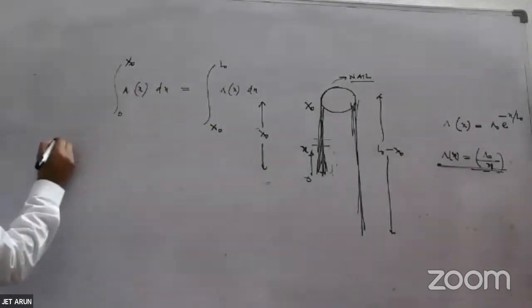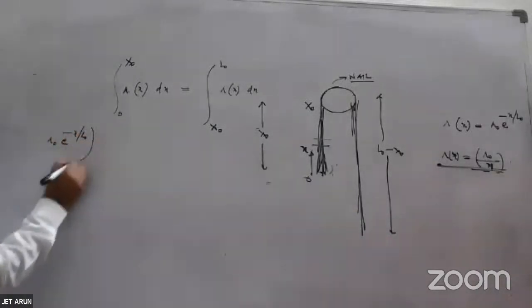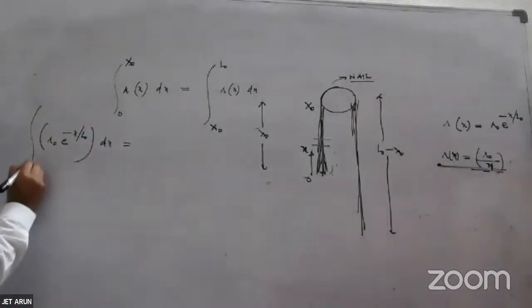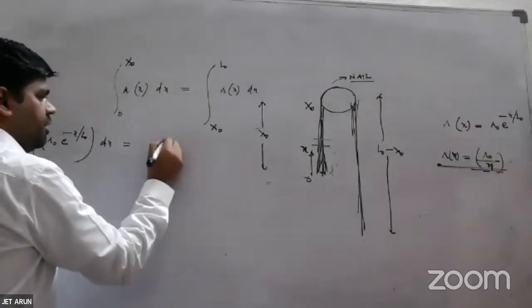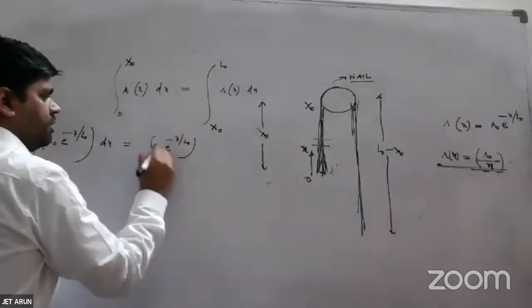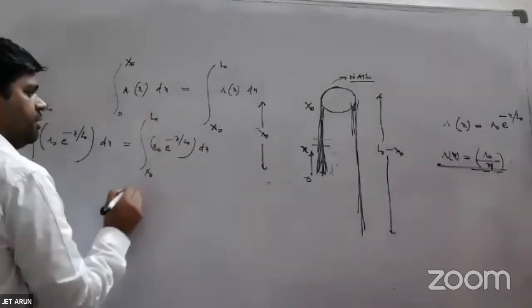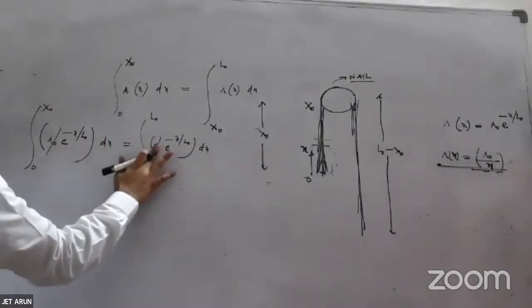Okay, now let's integrate this. So lambda naught into e power minus x by L naught dx, integrating from 0 to x naught, is equal to lambda naught into e power minus x by L naught dx, integral from x naught to L naught. Lambda naught gets cancelled out, so I'll erase this lambda naught.